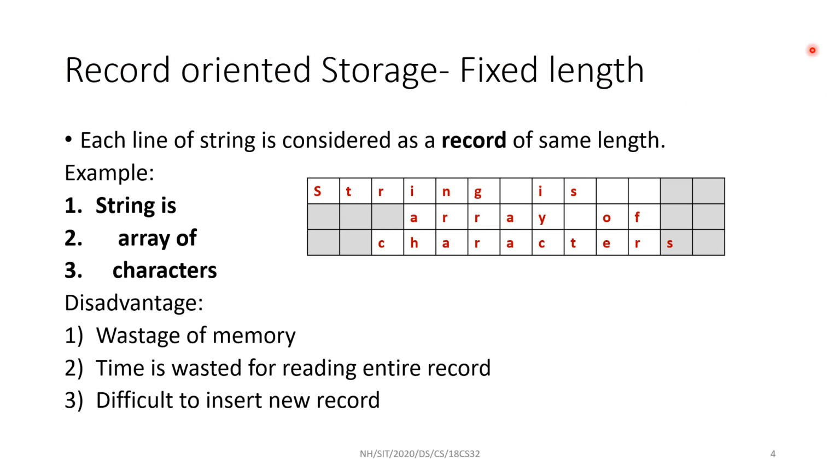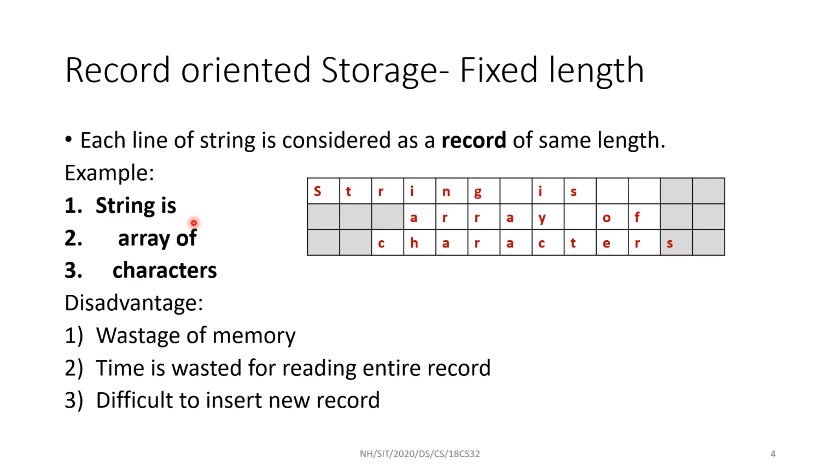That first row is considered as a record, but here the number of columns in that first record is fixed. Sometimes we may fill with the character, sometimes we leave it as it is. In the same way, each of the lines is treated as a record. The length of this record is the same. We can have characters or sometimes no characters at all, but this is fixed.